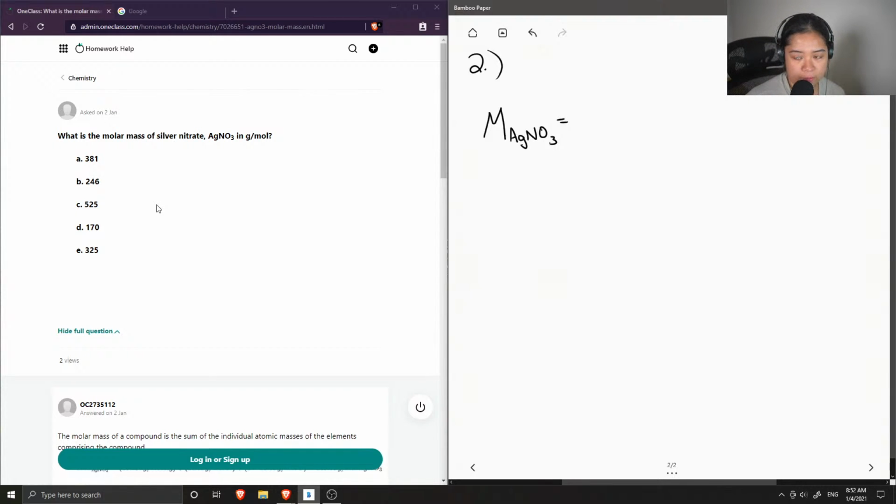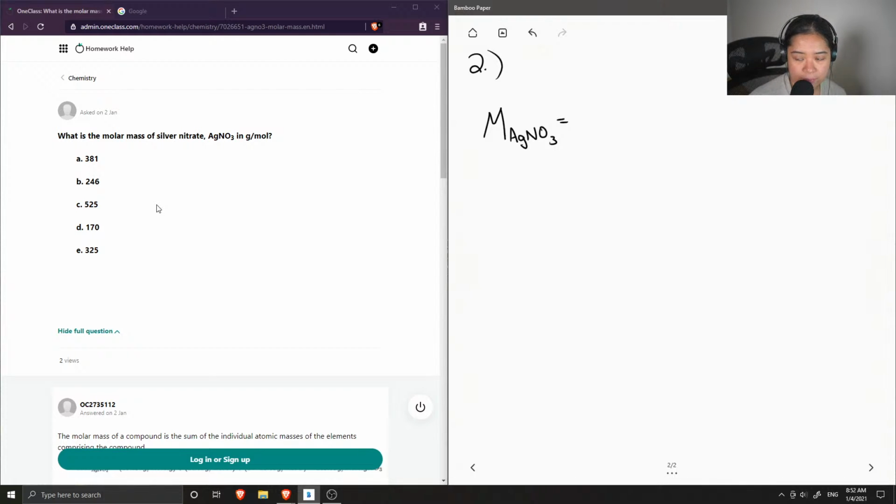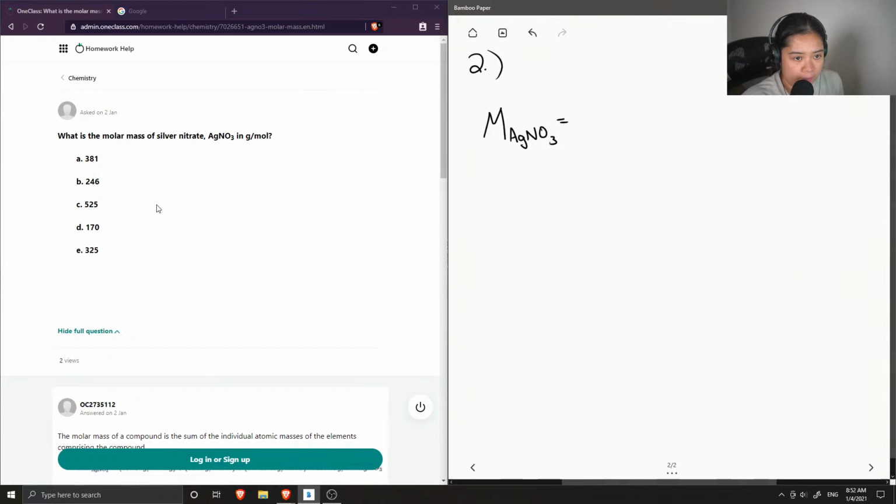And to do this, you would just find them on your periodic table, labeled as atomic mass or molar mass. But to find the molar mass of silver nitrate, it would just be the molar mass of silver plus the molar mass of nitrogen plus 3 times the molar mass of oxygen.